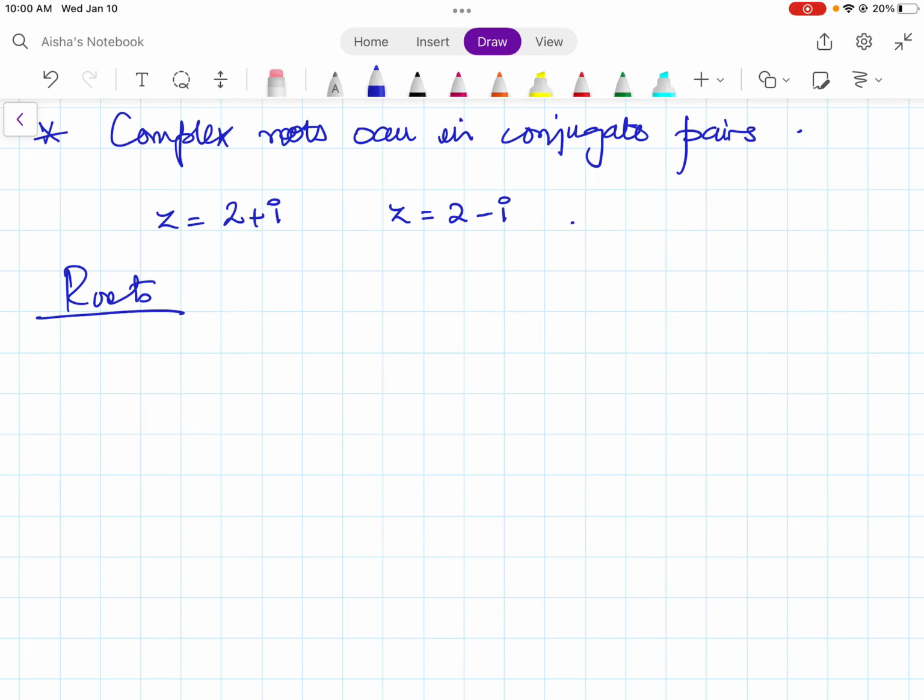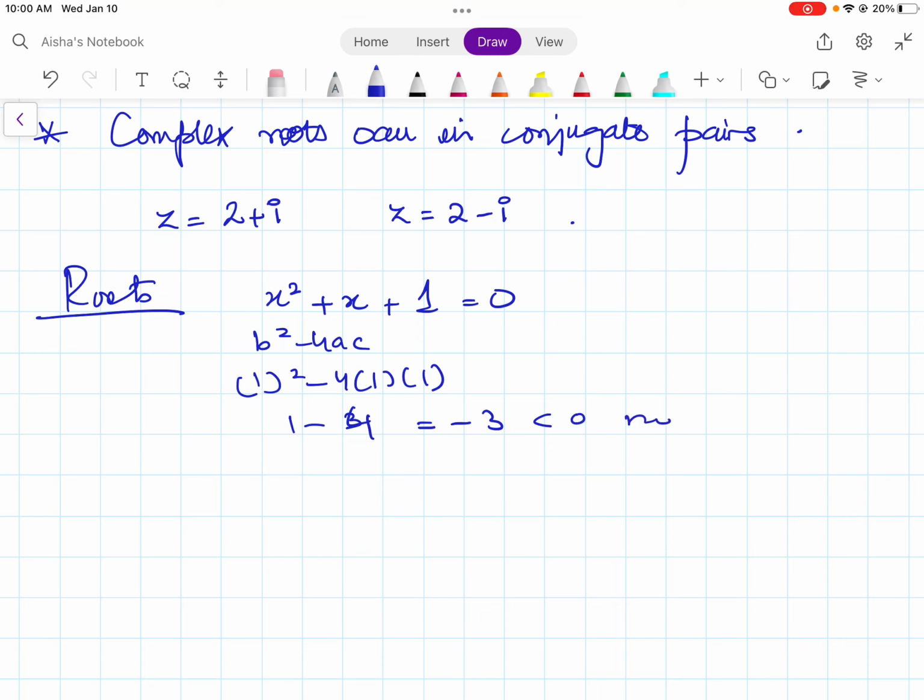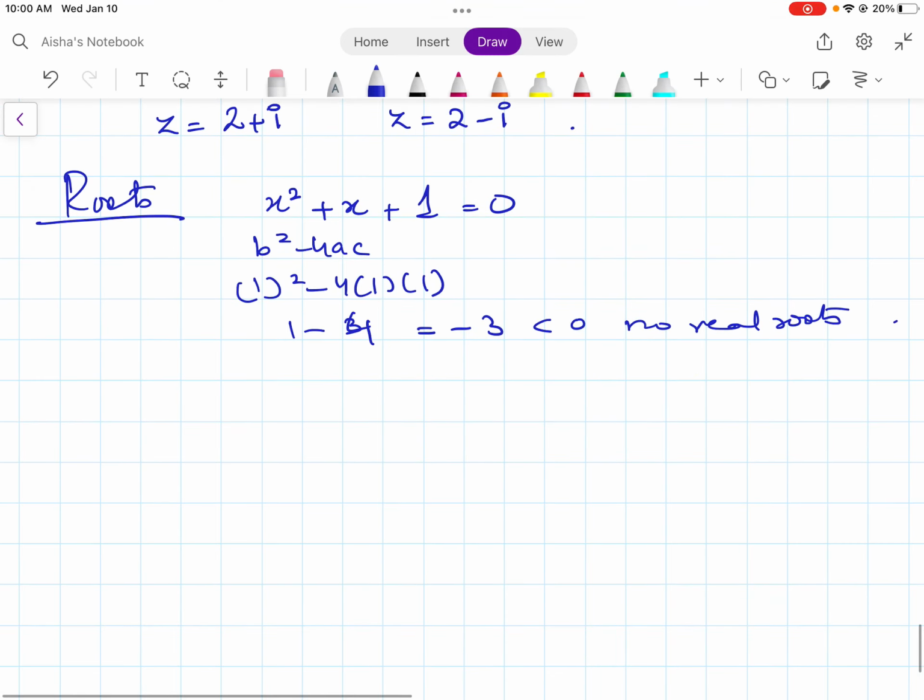So sometimes when you have a quadratic equation, for example, x square plus x plus 1 equals 0. If you calculate b square minus 4ac for this one, it's negative, which means no real roots. So you cannot get a real answer for this, but you can get complex roots for it.